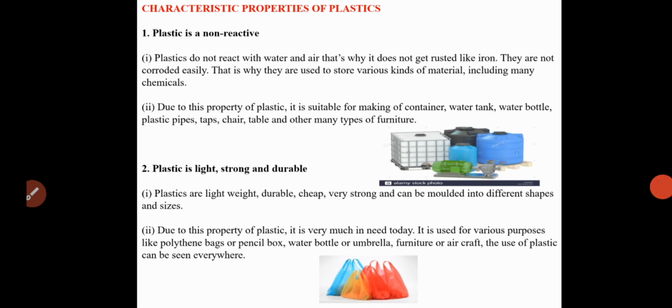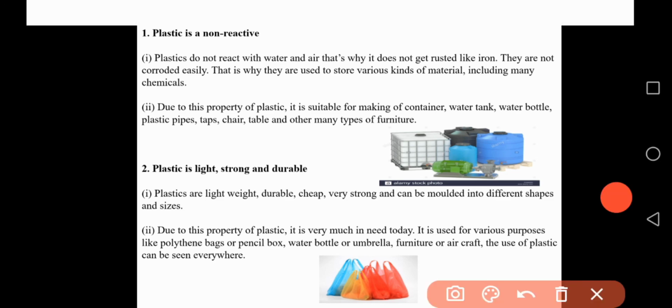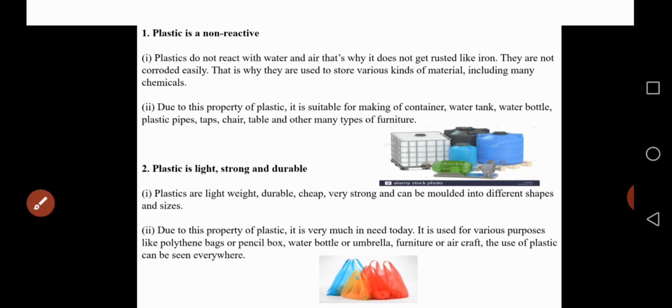Next, coming to some basic characteristic properties of plastics. The first very important property of plastic is that it is non-reactive. That means plastics do not react with water and air.